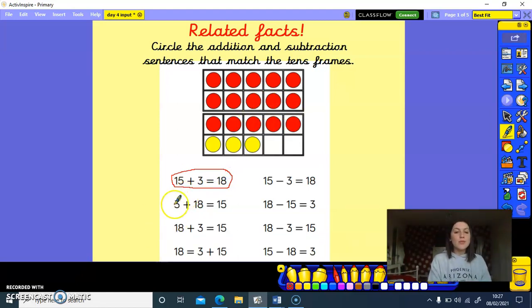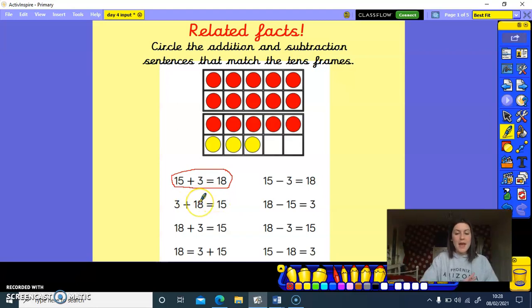Okay, this one says 3 add 18 equals 15. Is there anything straight away that makes you think, oh, that can't be right? Yes, we've got a big number here, a number that's bigger than the answer. So if it says 3 add 18 equals 15, that seems a little bit silly, but we can always try and work it out.